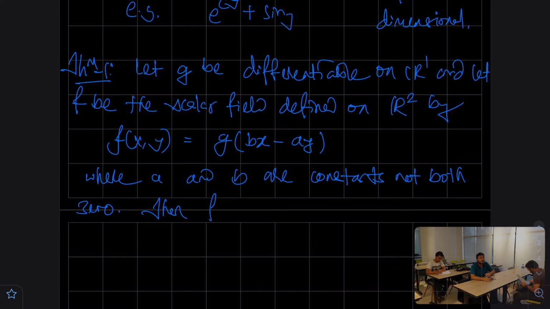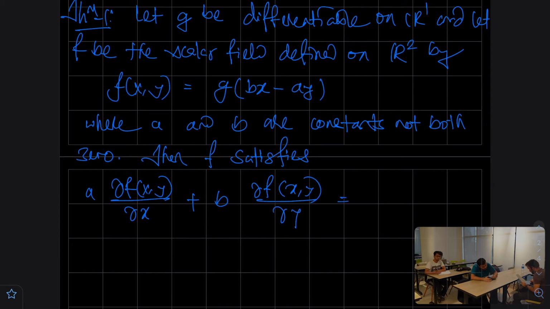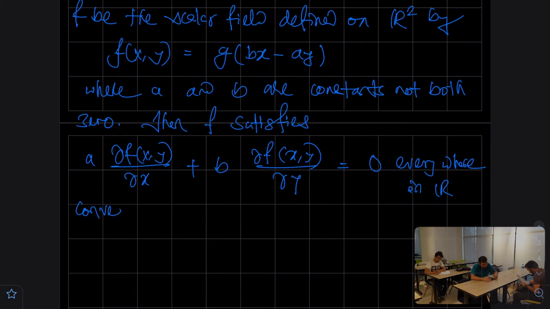Then f satisfies the equation everywhere in R2.